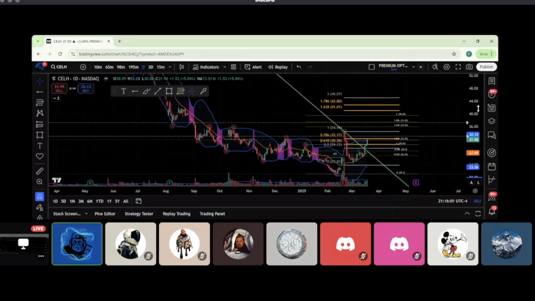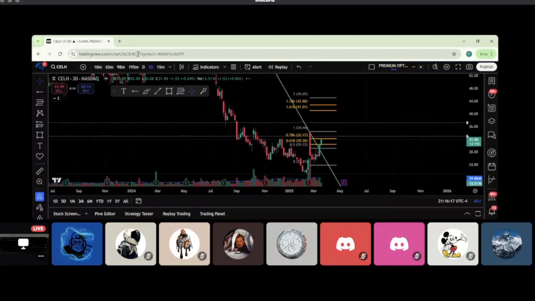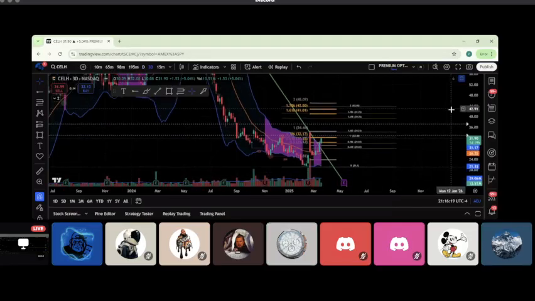I'm going off memory here, though. I think I posted it in my channel. I think this is probably going to see 40 over the next month or two. So it looks like it could be squeezing. We don't have the purple, but we got it on the 3-day. So next 4 weeks, probably going to $40.